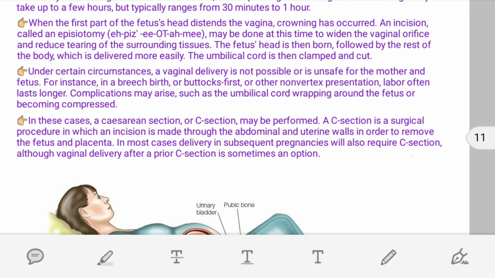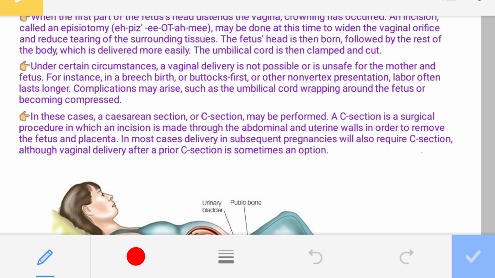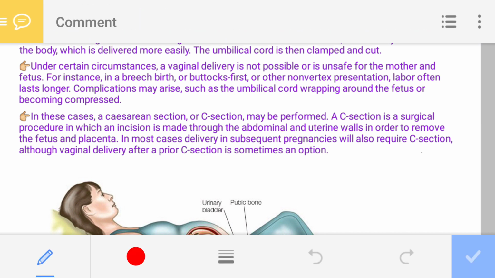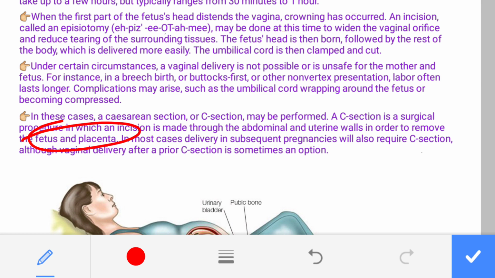In it, with a surgical instrument, a cut is made on the abdominal muscle and the uterine wall, and with all care taken, the team of the doctor, nurse, and compounders gently remove the baby's body from the mother's womb or the uterine cavity, and they also remove the fetal placenta. Okay, so this is how the cesarean is performed.